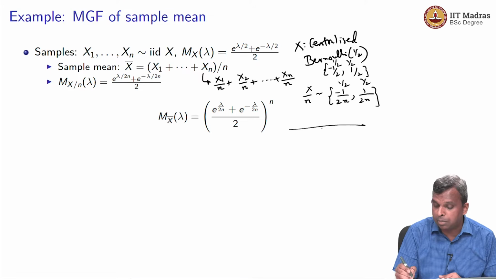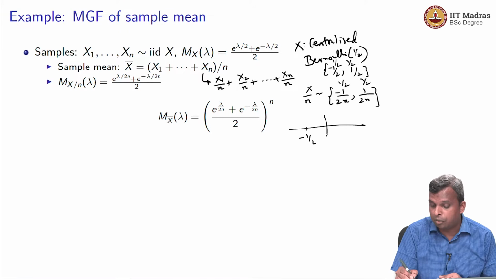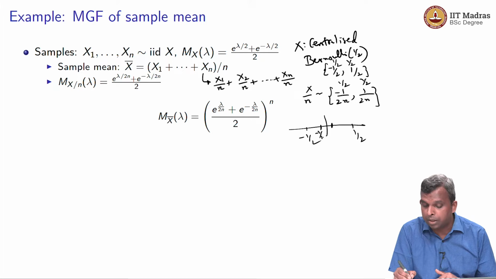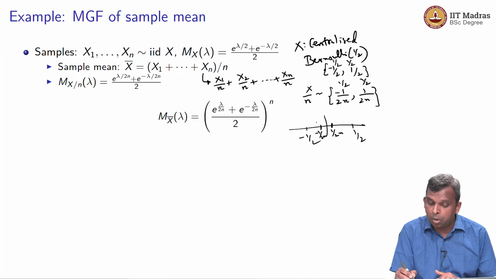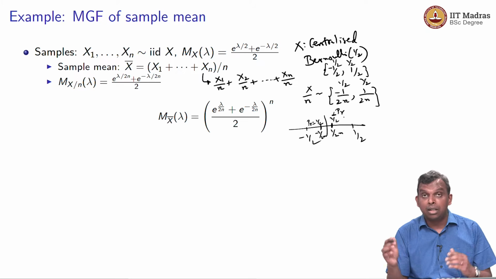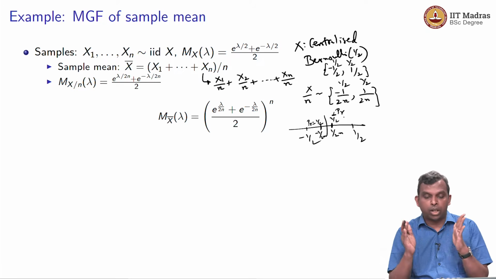If you think of X as being minus half, half with probability half, half, as n increases this comes down and down. So it becomes minus 1 by 2n, 1 by 2n. The probability half, half remains the same, but as you increase n, it keeps coming down and down.